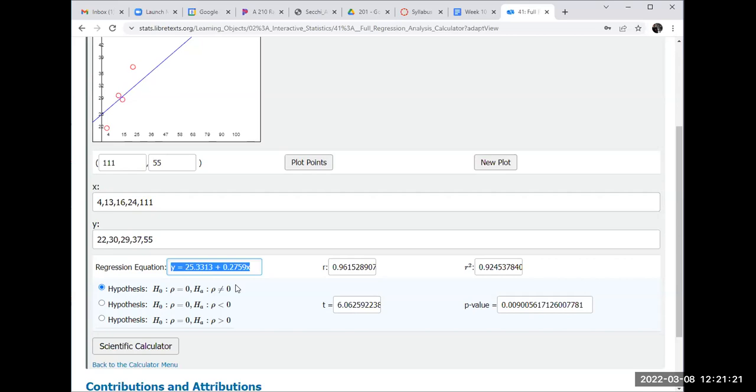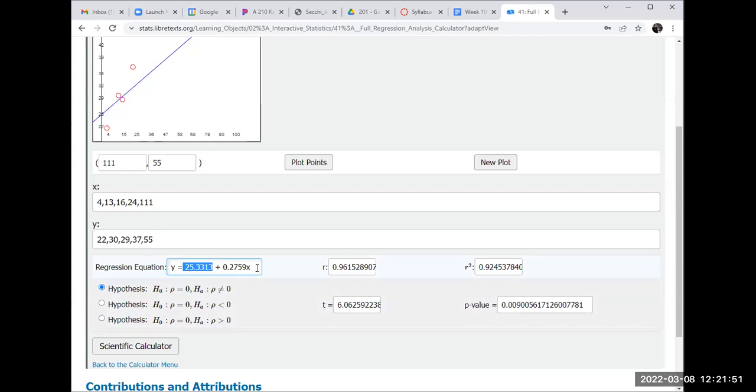I want to remind you that when you read the equation of a line, the number in front of the x is the slope, and the number without the x is the y-intercept. That's a review from beginning algebra, but it is important. Stop me if you have any questions, by the way.